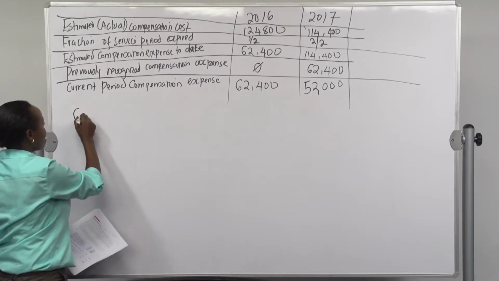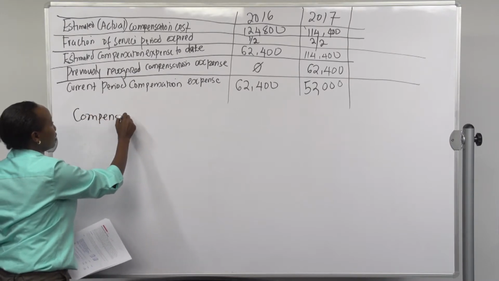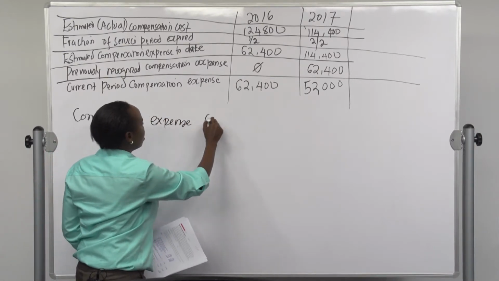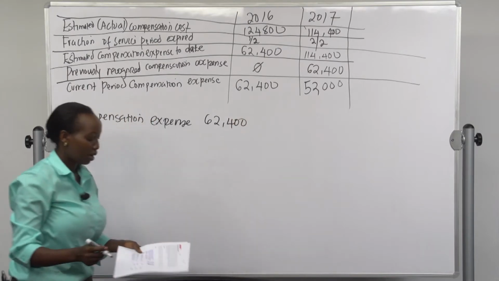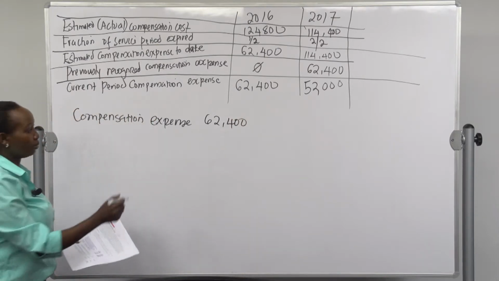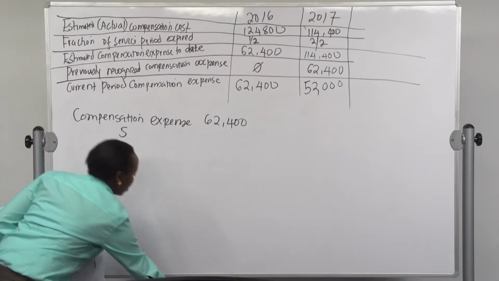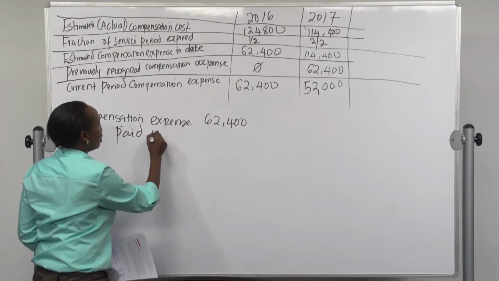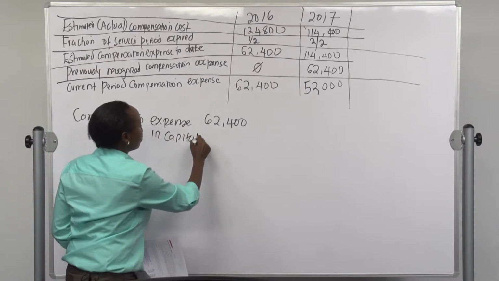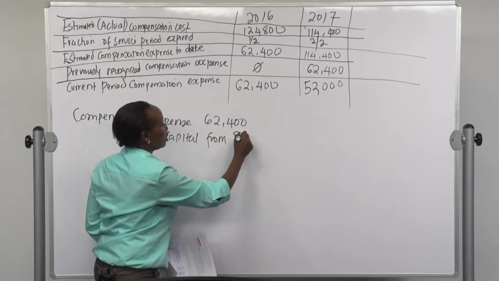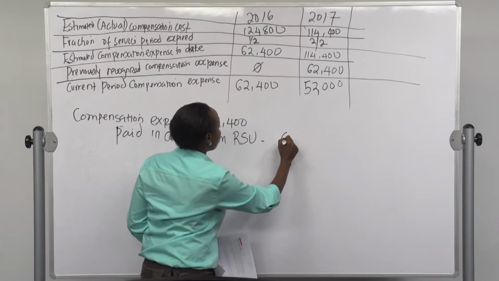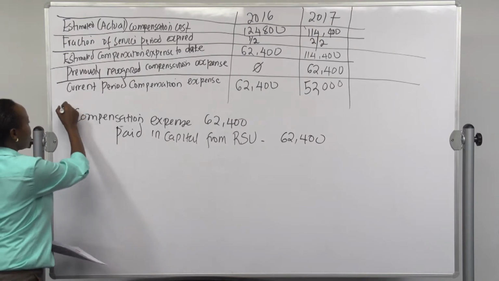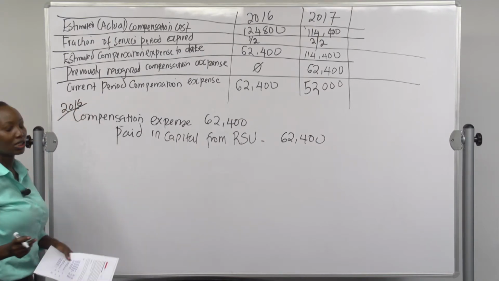For 2016, we debit compensation expense 62,400 and credit paid in capital from restricted share units, 62,400.